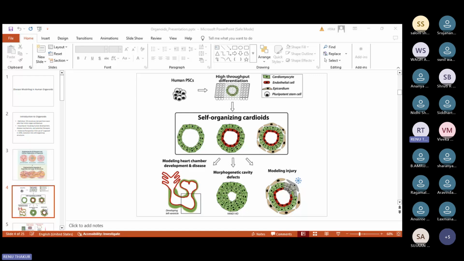Basically, this is how cells combine together to form a tissue in our body. Similarly, this is also happening in the laboratory: cell-to-cell interaction forms a particular tissue, and the morphology and the functionality of these tissues are given by the environment which we provide in the lab.